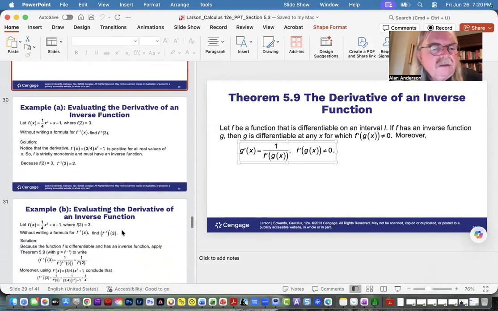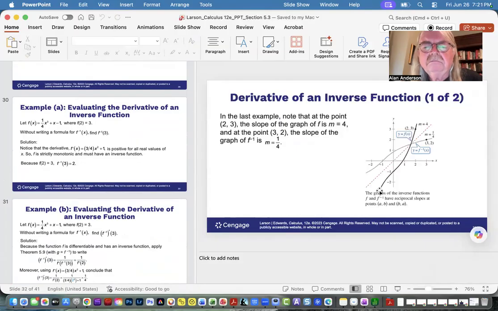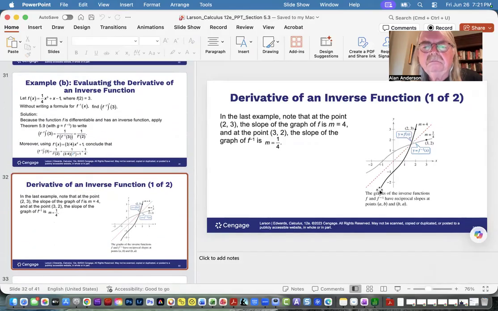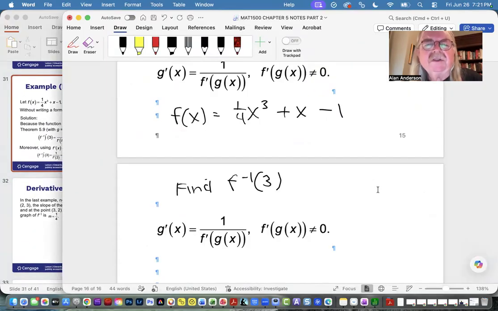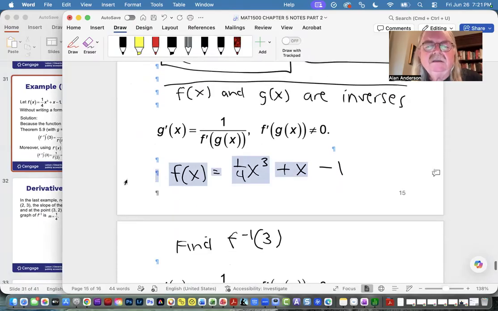So they're telling us to, hmm, I think it would be easier to just find the inverse.